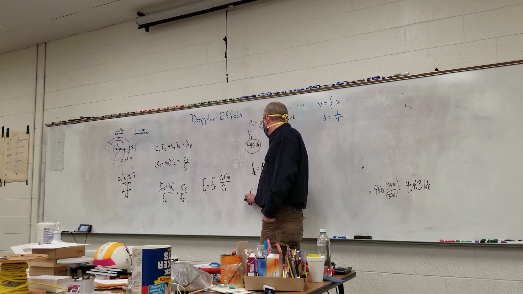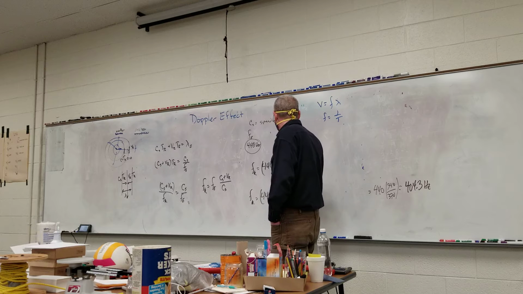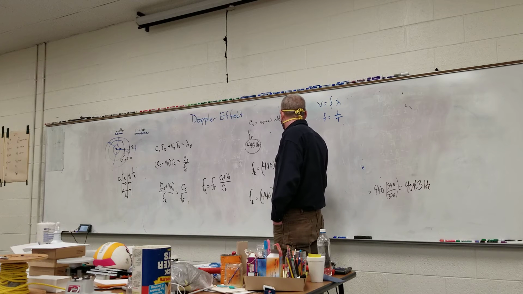And then as you run away from the car, it'll be 440 times (340 minus 30) over 340.